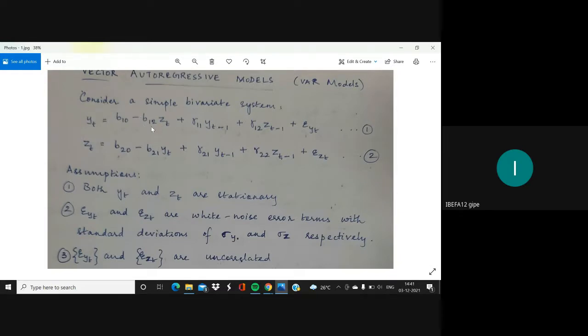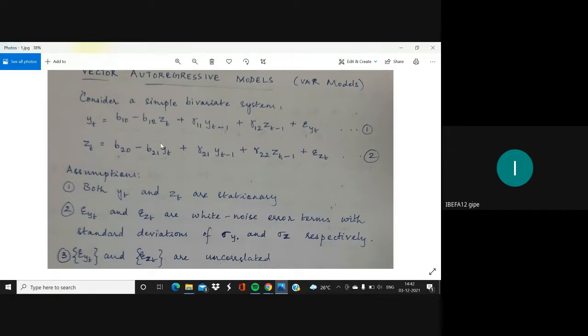But if B12 here is equal to 0, then this will not have an indirect contemporaneous effect on yt. Only if this coefficient is not equal to 0 will this error term, epsilon zt, have an indirect contemporaneous effect on yt.